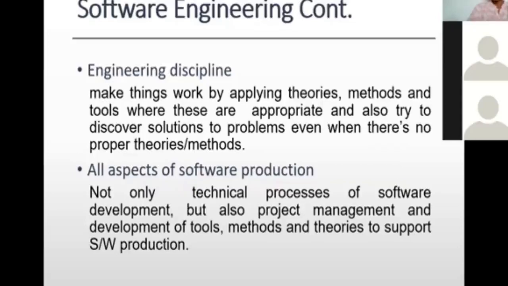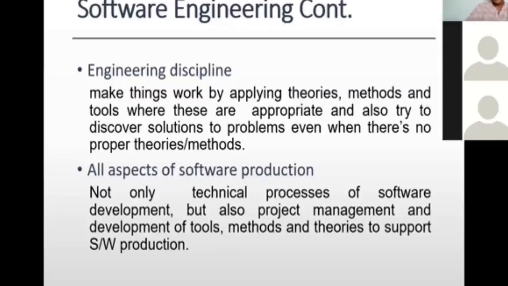Now, software engineering is not only applying theories and methodologies and all those things, but we also have to use some other concepts, right? So software engineering is an engineering discipline concerned with all aspects of software production. Now, what do we mean by engineering discipline? That is discipline one.